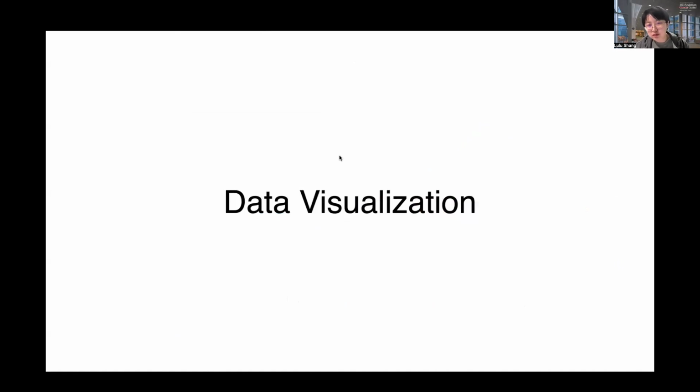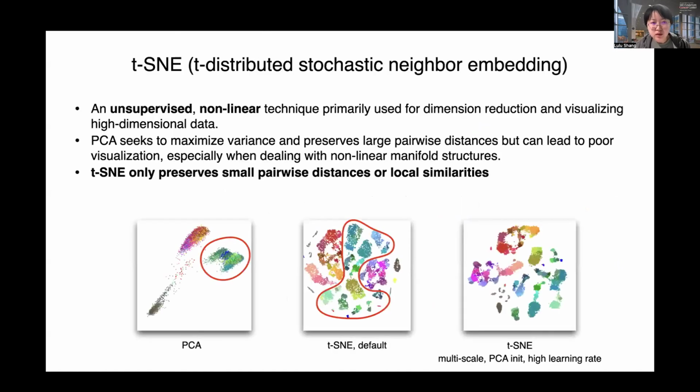And finally, for data visualization, people have been developing different methods like t-SNE or UMAP to visualize the cells in two-dimensional space with better visualization.